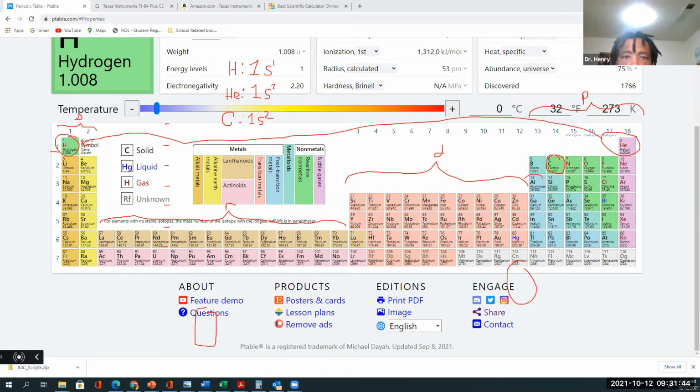I'm going to erase these guys. 1s2 represents the electrons occupied by the S sublevel. Then it would be the second energy level, so we'd put 2s2.